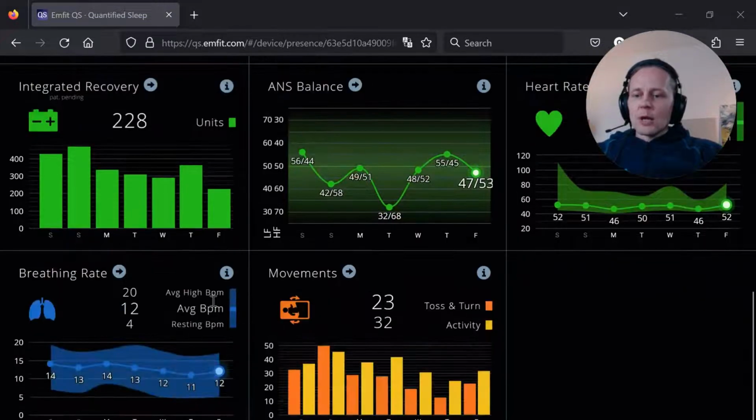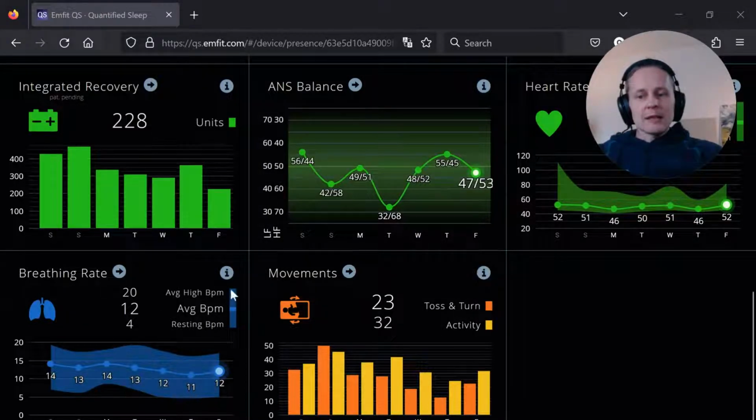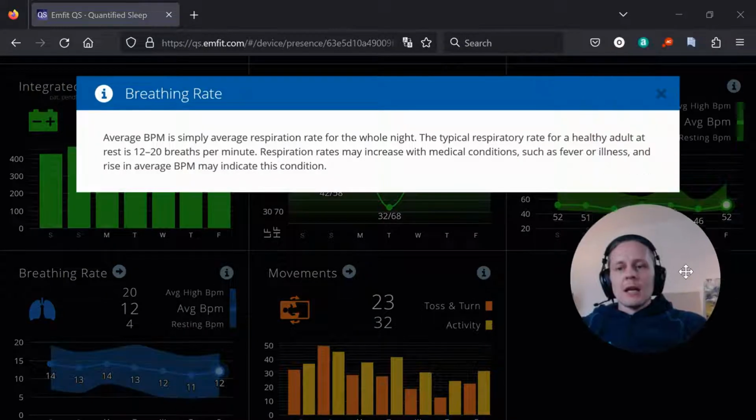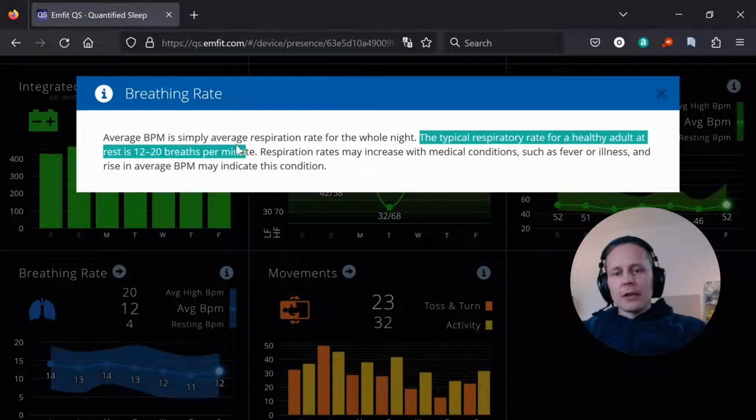And then I will show one more variable, which is the breathing rate. How many times you breathe per minute is the value, so the average. And then there's the average high and resting one. The typical respiratory rate for a healthy adult is 12 to 20 breaths per minute.